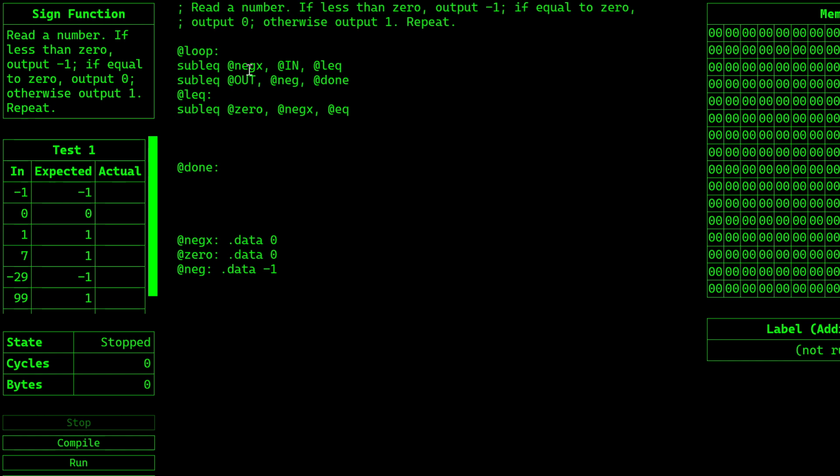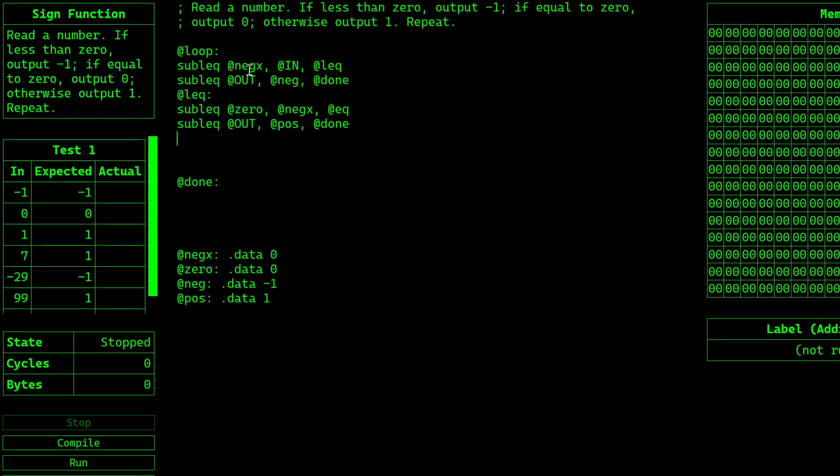And we need like 0 minus negative? No. That's how we get a positive, right? Let's just write add pos, why not? Data 1. Then we can say subleak out of at pos, and go to at done again.